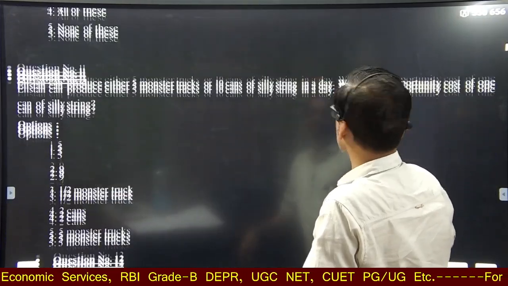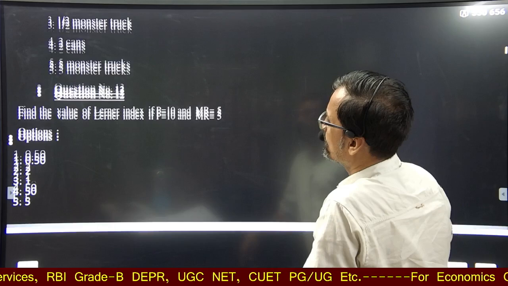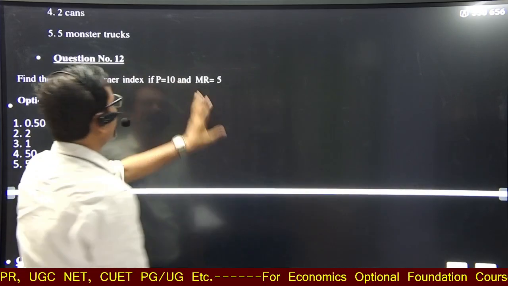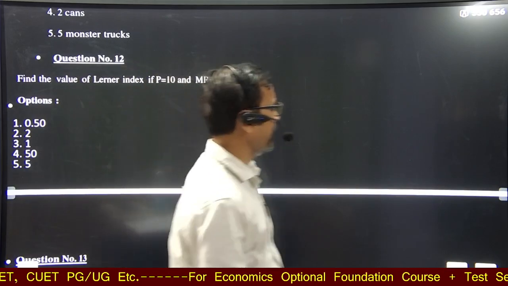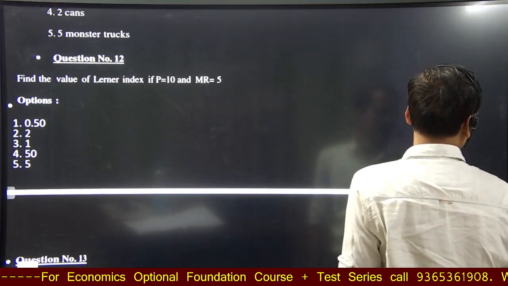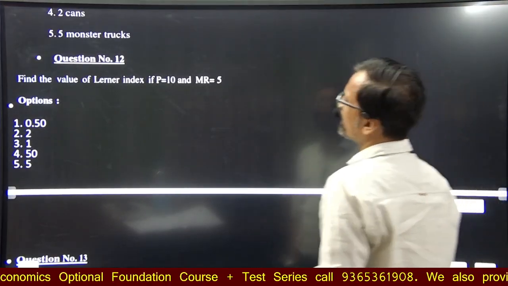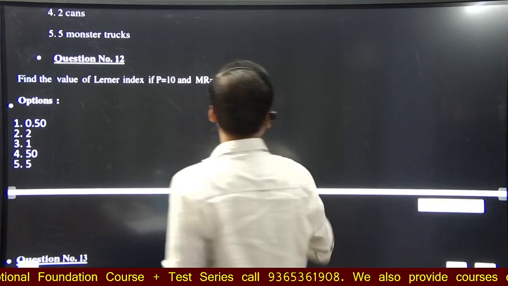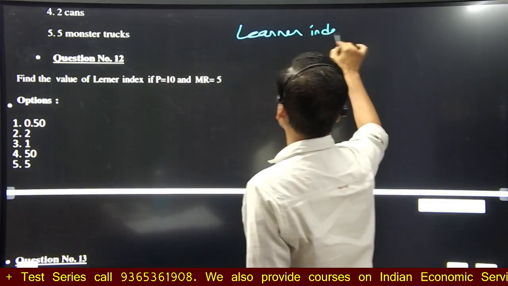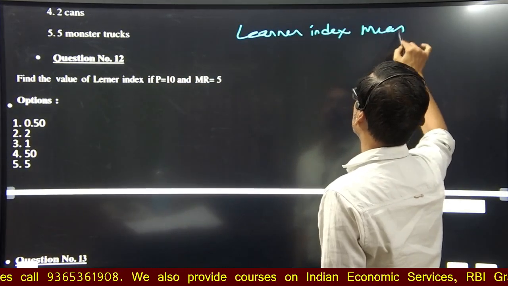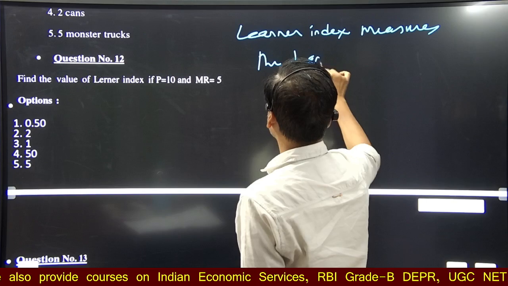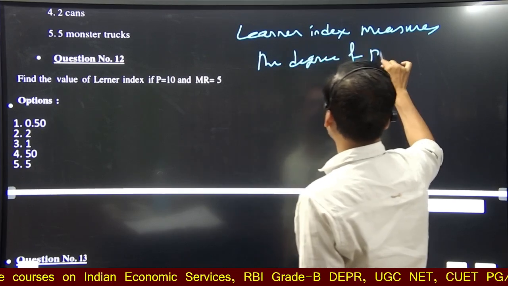Next question: find the value of the Lerner index if P is equal to 10 and marginal revenue is equal to 5. What is the Lerner index? It measures the degree of monopoly power.